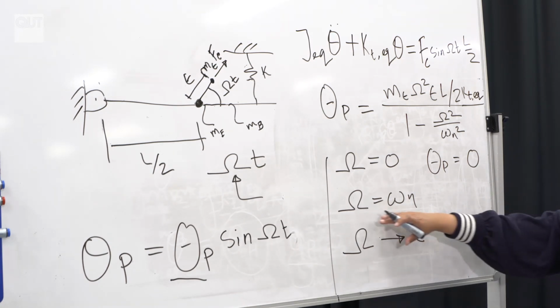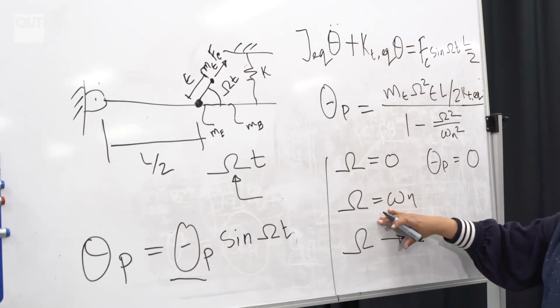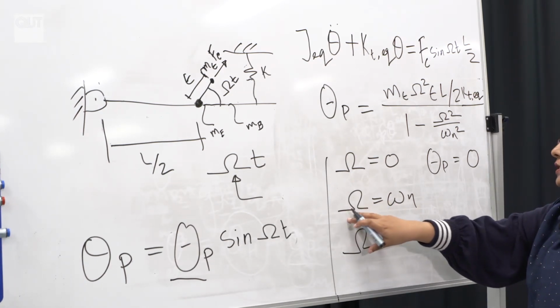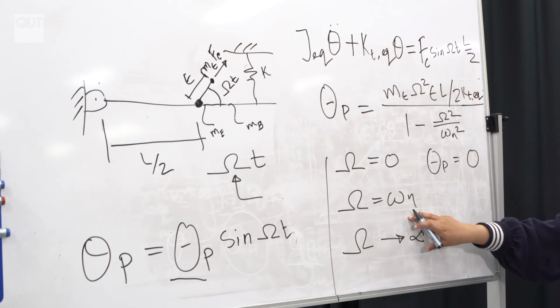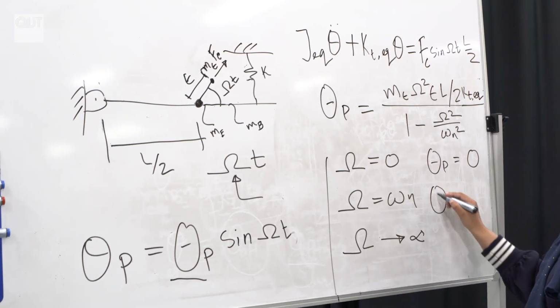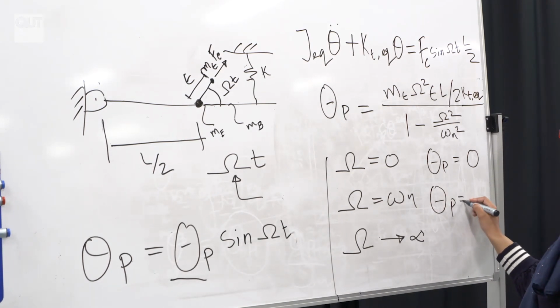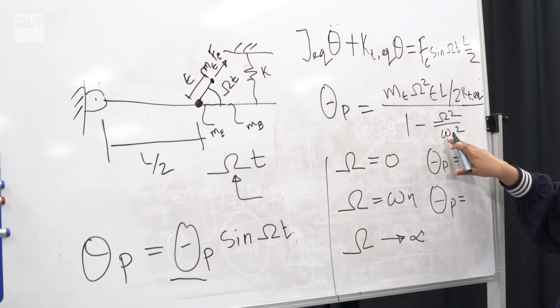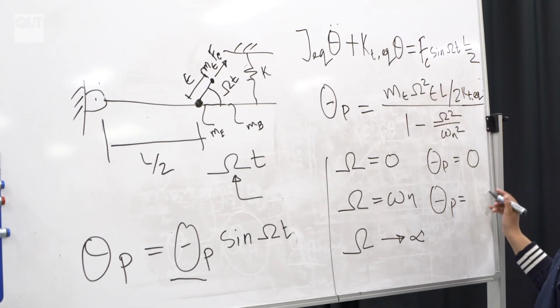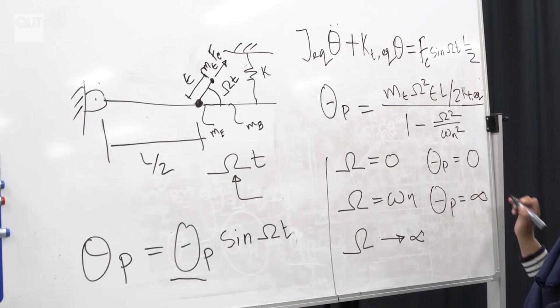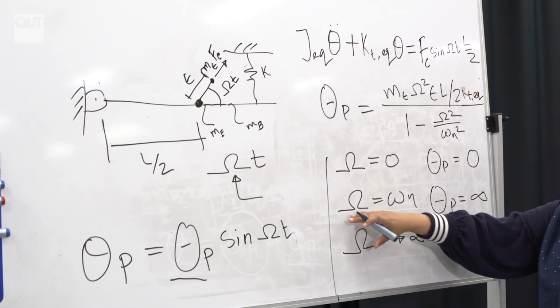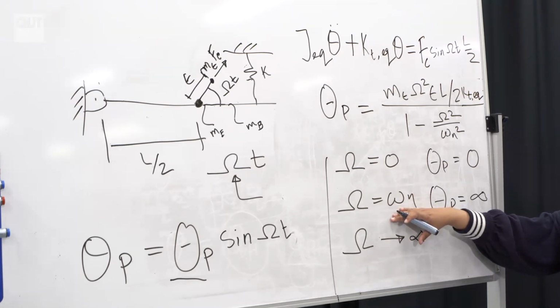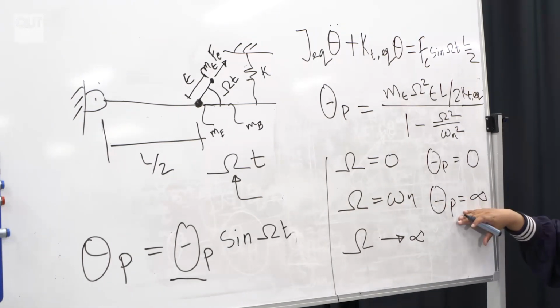Okay. The second case: let us consider when the force frequency is equal to the natural frequency. What would be the value for theta p? If we substitute these values here, the expression gives infinity. So, when the force frequency is equal to the natural frequency, the amplitude should be infinity.